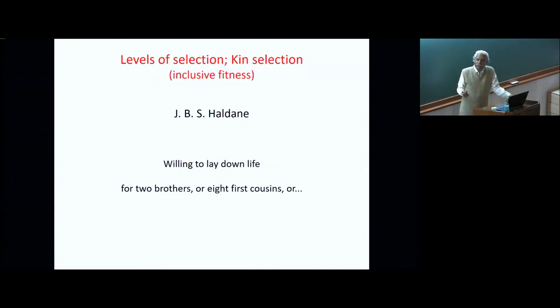J.B.S. Haldane pointed out that natural selection could also act indirectly, meaning not act on an individual, but act on an individual's relatives if that relative happened to share genes with this individual, which of course relatives generally do, at least close relatives usually do. And he expressed this in the form of this saying, which is quoted all the time, saying that he would be willing to jump into the river at the risk of losing his life if the life he saved was that of his brother.